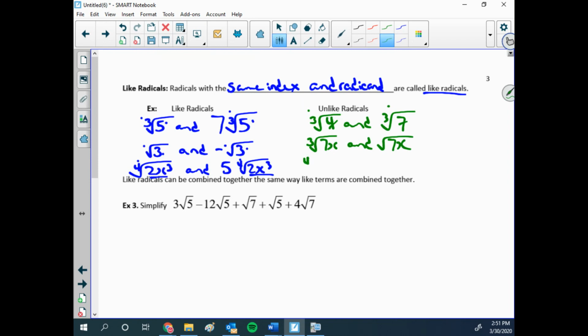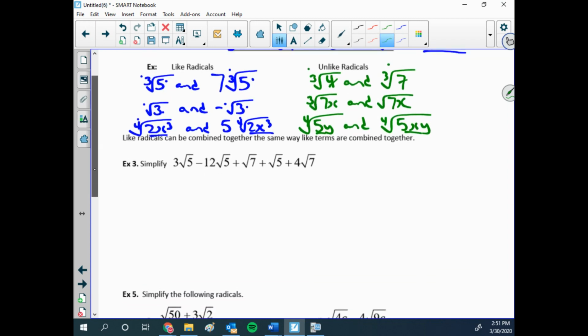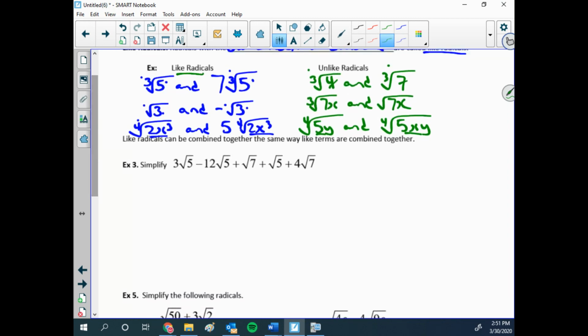Another one would be the fourth root of 5y and the fourth root of 5xy. My indexes are the same, but my radicands are not identical, so those would be considered unlike radicals. So, like radicals can be combined together in the same way like terms are combined.